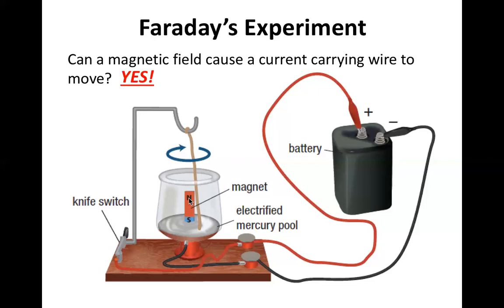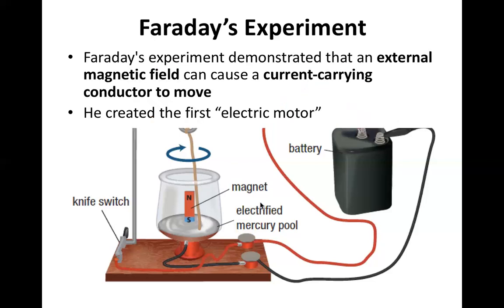But the external magnetic field created by the permanent magnet is causing a force on this current-carrying wire. And so Faraday's experiment demonstrated that an external magnetic field can cause a current-carrying conductor to move. And this is considered the first electric motor.